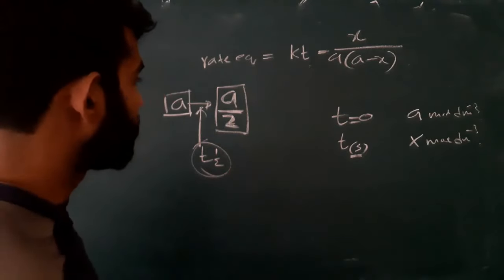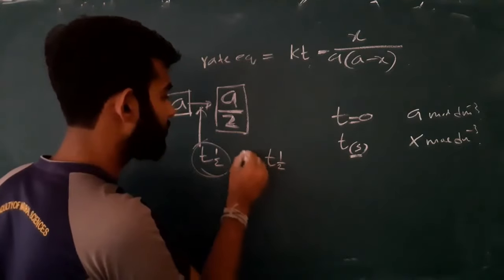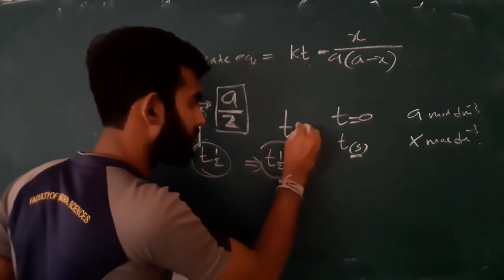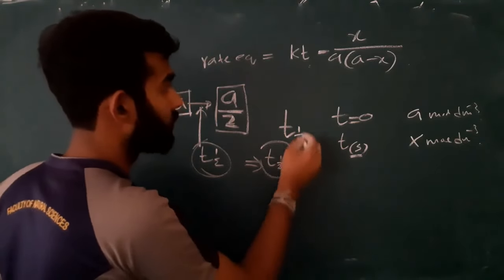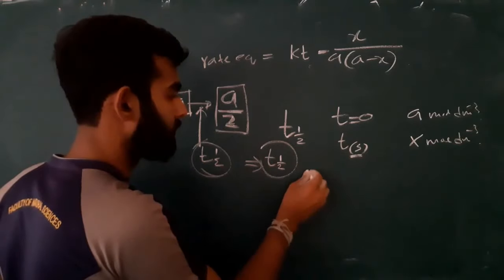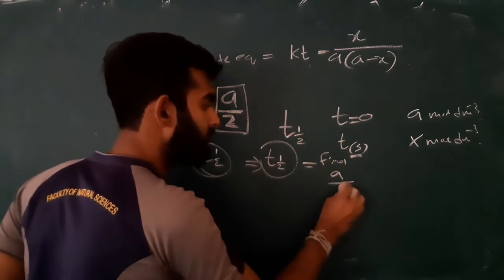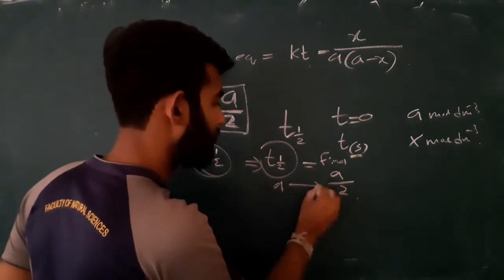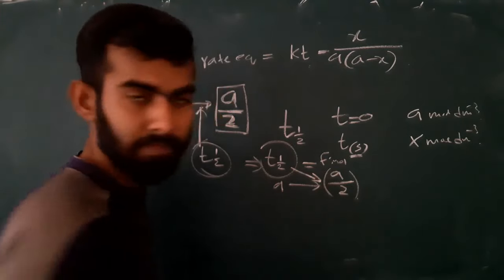So just assume the half-life is given by t half, t subscript half. So if we assume at t half, the final concentration is a divided by 2. Initial concentration is a, final concentration is a divided by 2 at t half.